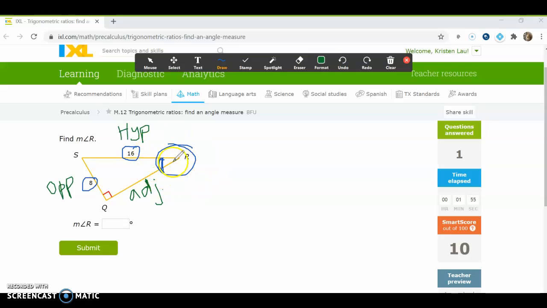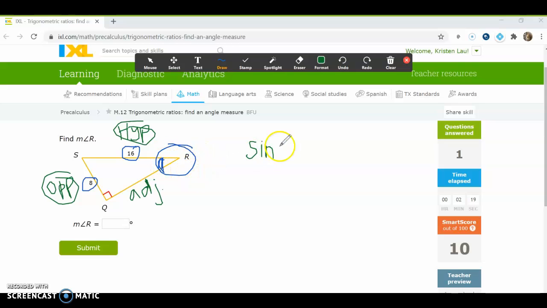Since this is the angle that I am looking for, this angle is going to be attached to the hypotenuse and the adjacent, and then the side that's opposite is opposite. Since I have the hypotenuse and the opposite side circled, that means I'm going to use the sine.